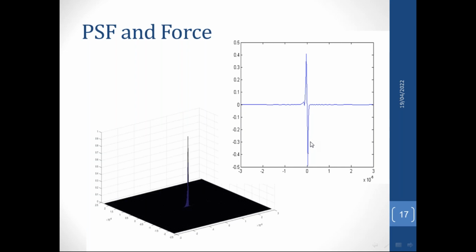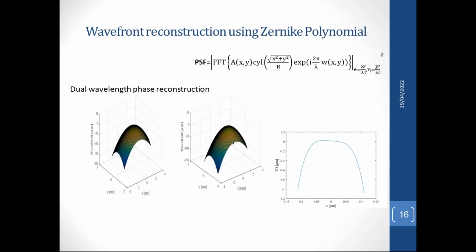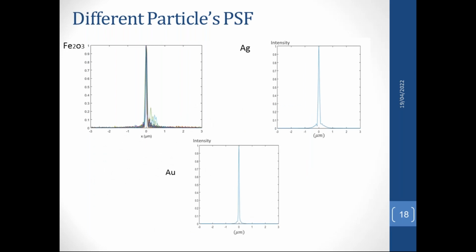Based on the fact that the plasmon resonance could change with the power of the trapping beam, we change the power of the trapping beam, and what we observed was a different response. But before that, we measure the PSF of different particles to demonstrate the different effect of the plasmon resonance for different particles.